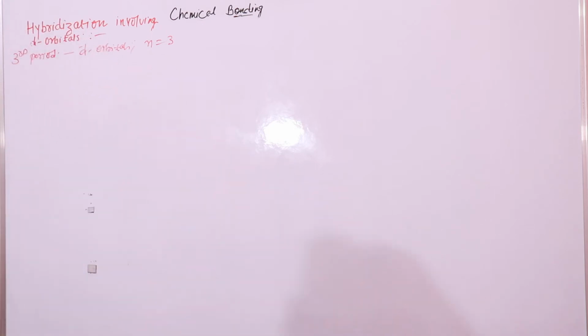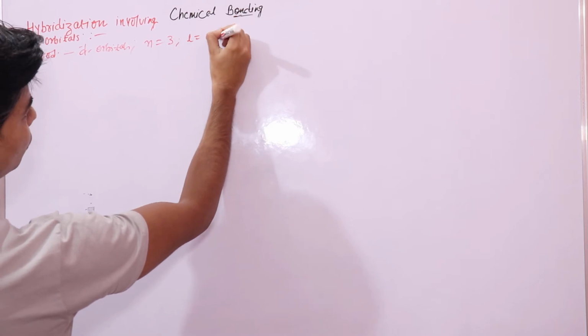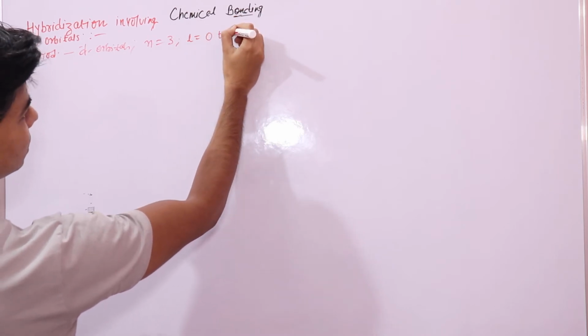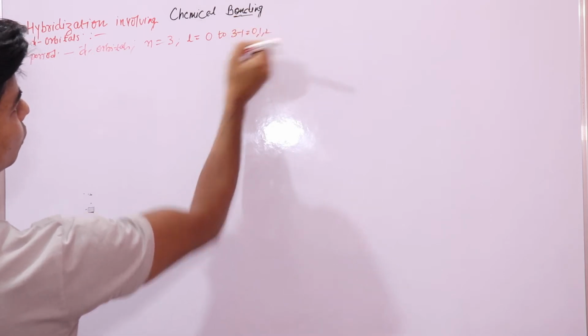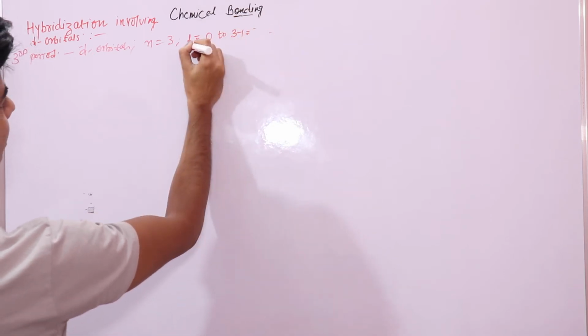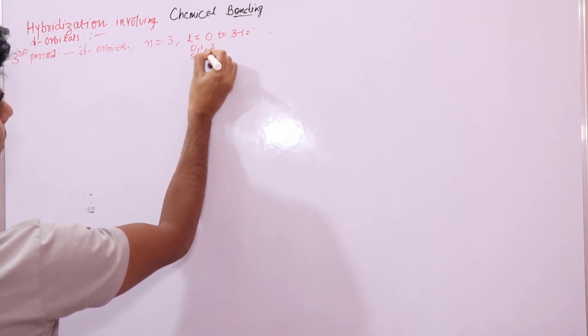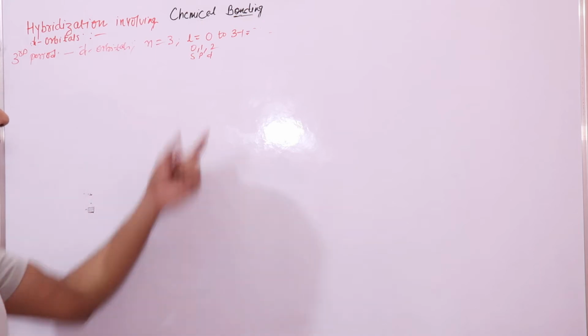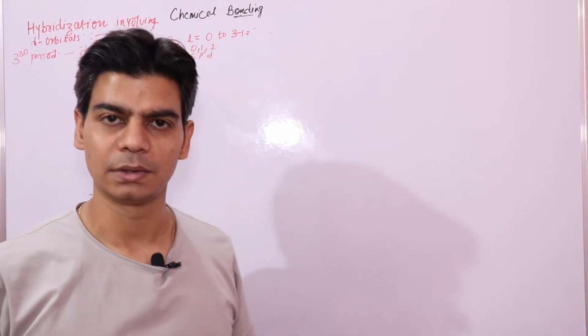So n is equal to 3, l is equal to 0 to n minus 1, that is 0 to 3 minus 1, equal to 0, 1, 2. So it would be s, p, d. So starting from the third period, elements will contain d orbitals.